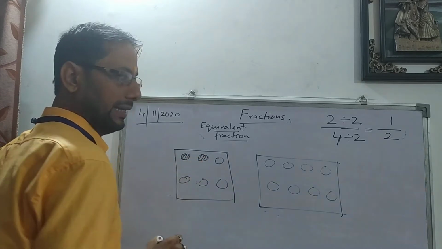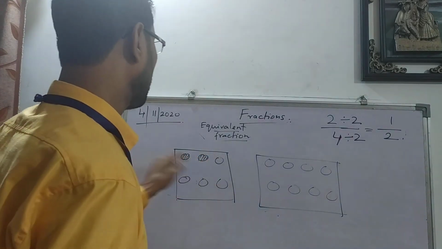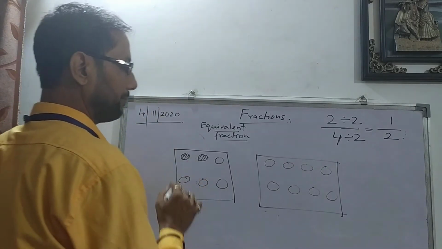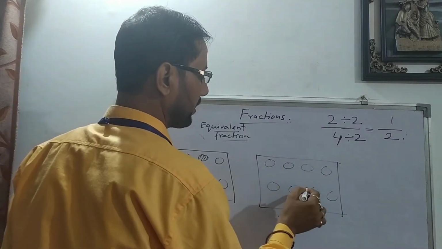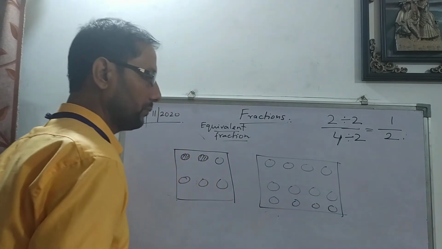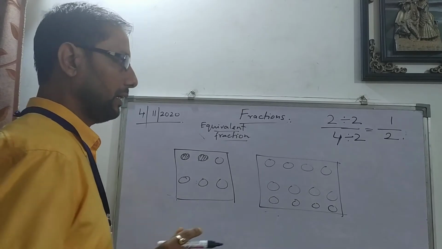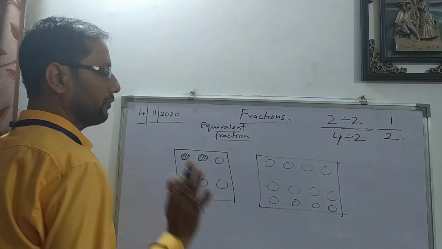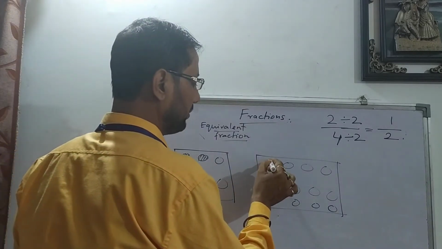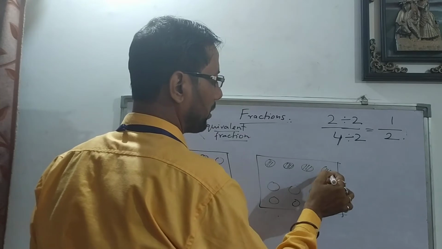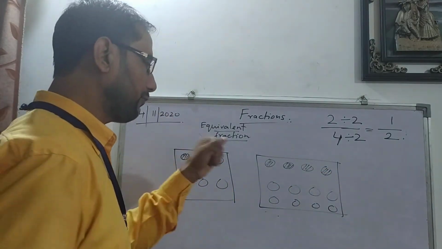Out of 6 parts, 2 parts are shaded. Here, how many parts are shaded? 2 parts are shaded out of 6 parts. Now here, 1, 2, 3, 4 parts are shaded. Here 4 parts are shaded.